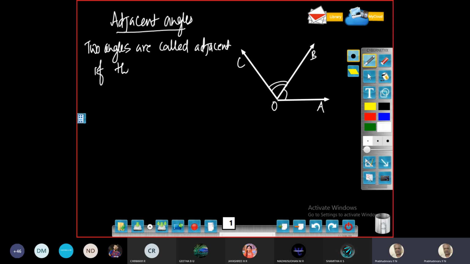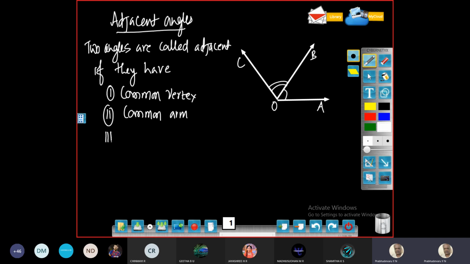if they have first one common vertex, second one they should have common arm, and third point is the non-common arms should be on either side of the common arm.